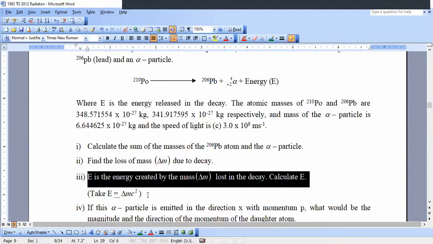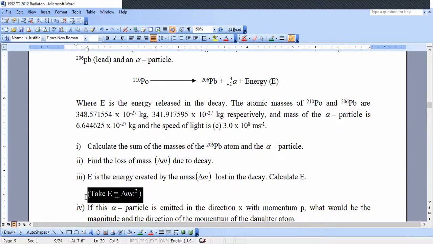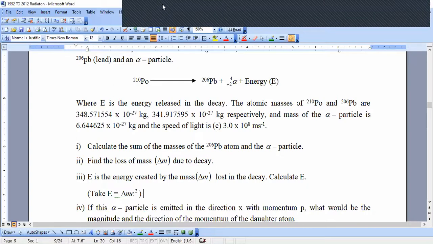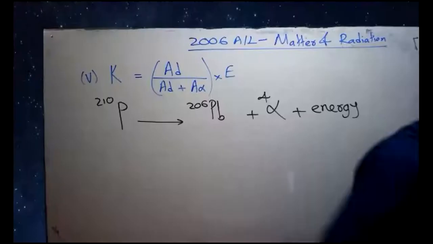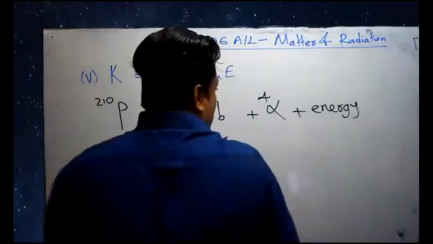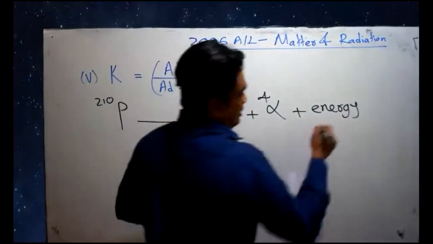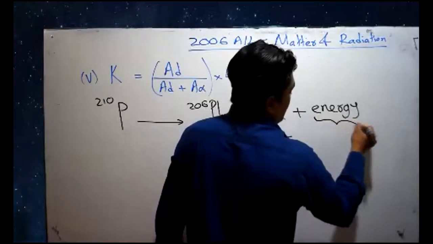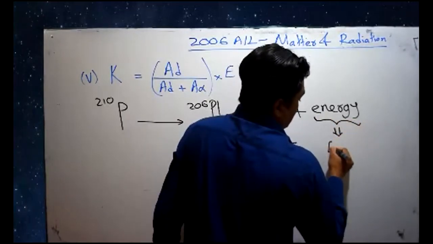That energy can be calculated by this equation. Last week we calculated that energy. Somebody please tell me the amount of energy created due to this nuclear reaction, capital E.